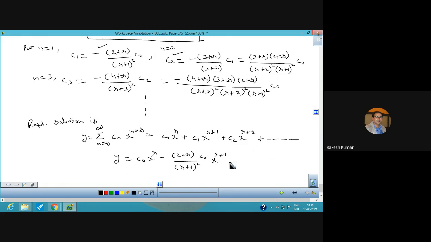And the next term can be substituted, that is c2, and you will have a positive sign, that is (3 plus r)(2 plus r) divided by (r plus 2) whole square, (r plus 1) whole square, into c naught and x raised to power r plus 2.